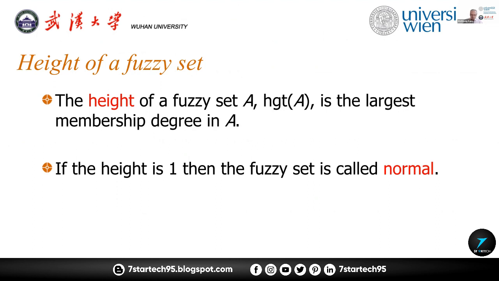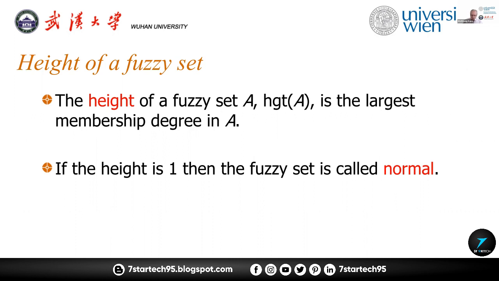Later on, also, we will see that we can normalize every fuzzy set, meaning we can make a fuzzy set into a fuzzy set that has at least 1 membership degree that is 1. So that means normalization of a fuzzy set.